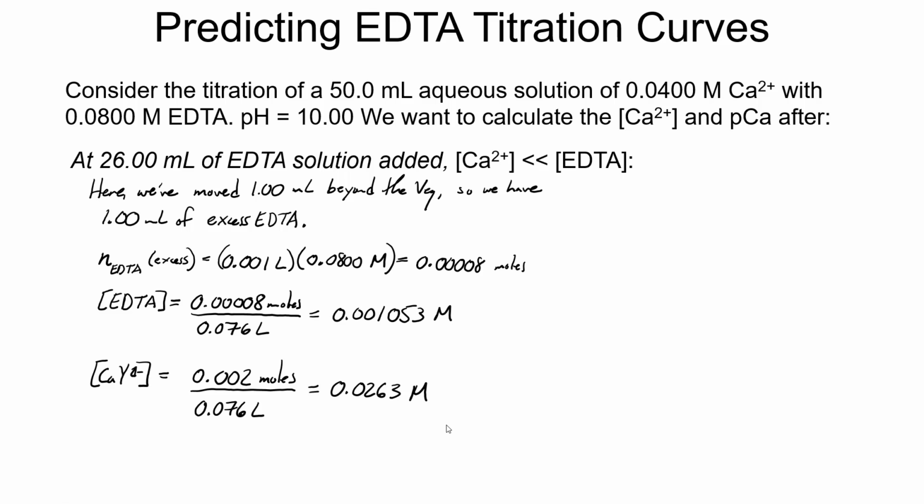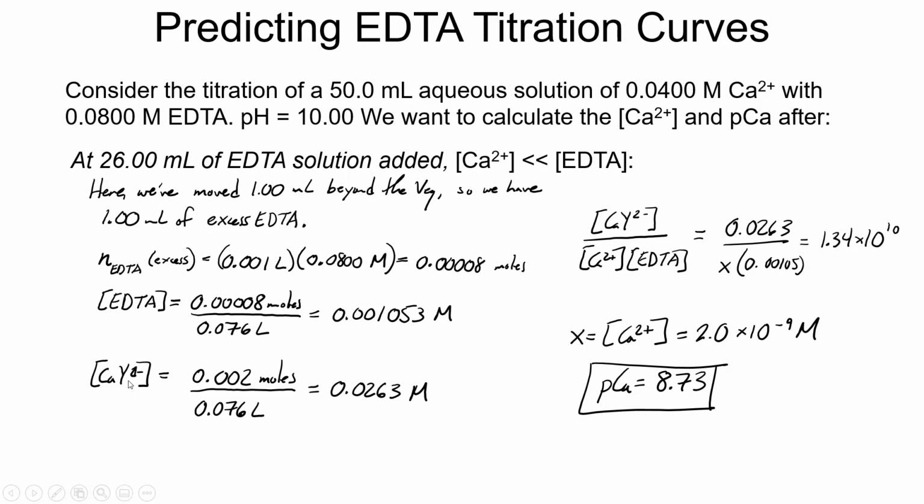Well, once again, we need to use equilibrium considerations because all our free calcium concentration is back reacting and coming out of this CaY2 minus complex right here. So once again, we use our conditional formation constant. The difference between the calculations in region 3 and the calculation we just did at the endpoint, region 2, is now we know the concentration of the CaY2 minus complex.